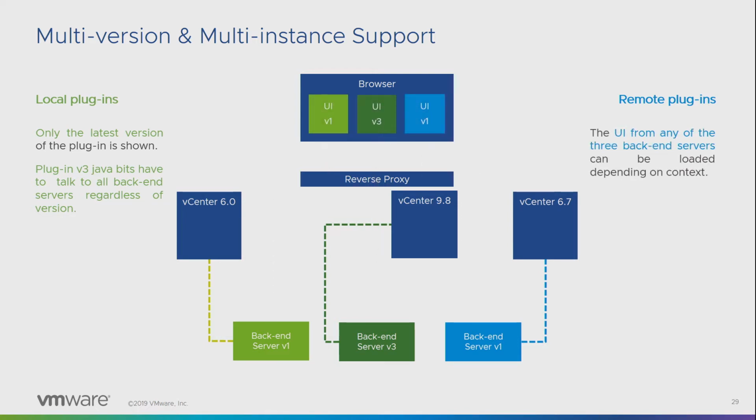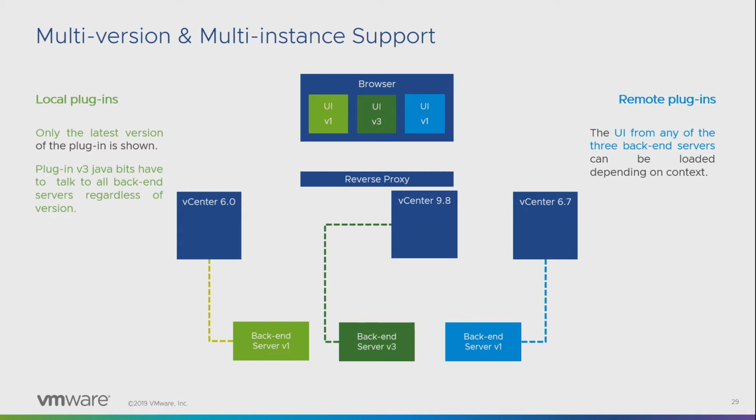You have separate UI parts delivered from each of the backend servers. So essentially, this is linked mode, obviously, and when you log into any of the vSphere clients and you select an object or a VM, for example, from vCenter 6.0, you would get the extensions of the plugin which is connected to this particular vCenter.